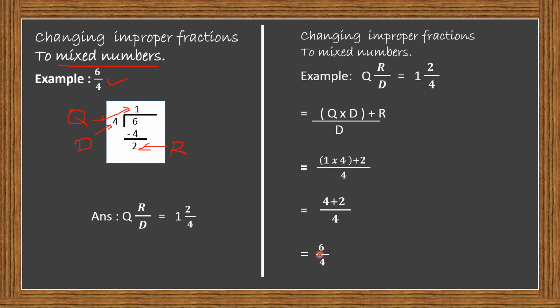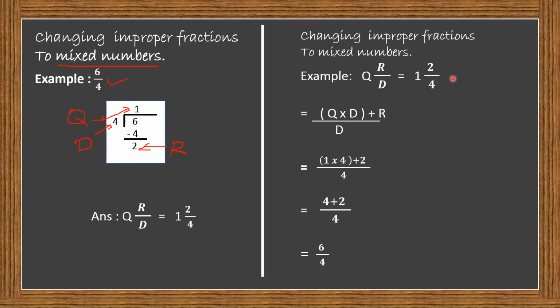So if you see, we have got the same improper fraction. The answer is 6 upon 4 again. We started with 1 into 2 upon 4, which is the mixed format of 6 upon 4, and we have concluded that yes, we are correct. So this is how we have checked it also. When we are changing an improper fraction to a mixed number, we are dividing.